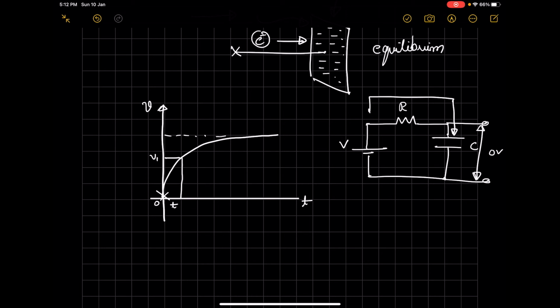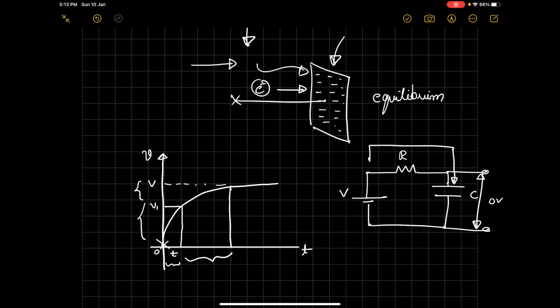and after some more time it will almost have the voltage V. If you notice carefully, to reach a large voltage V1, it took only a small amount of time, but to make up the small voltage V minus V1, it took a large amount of time. This is because of the repulsion of the electrons.